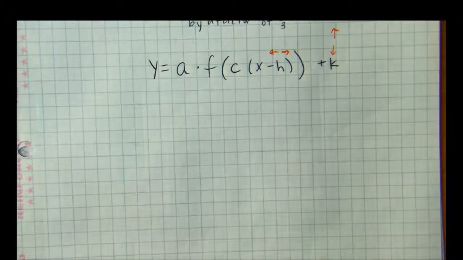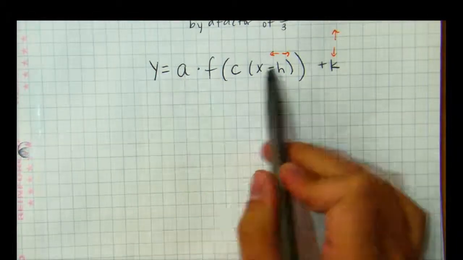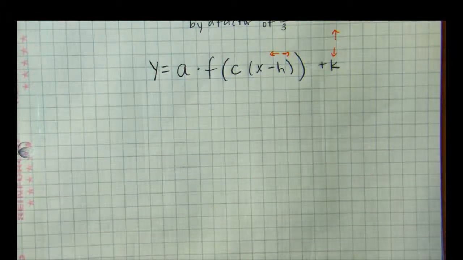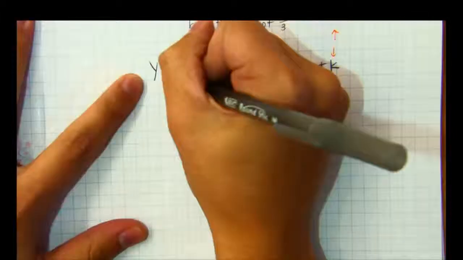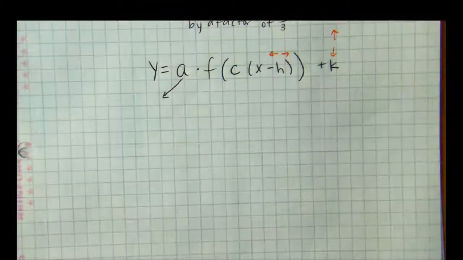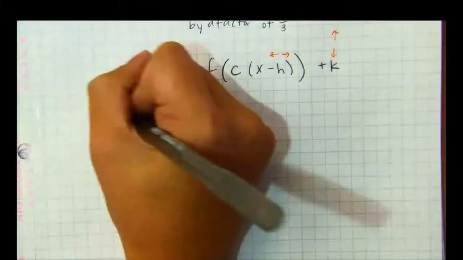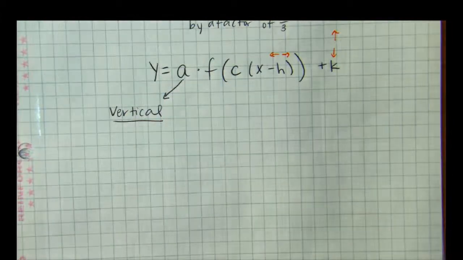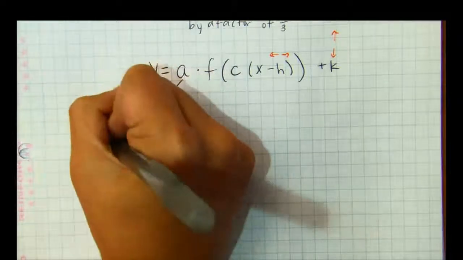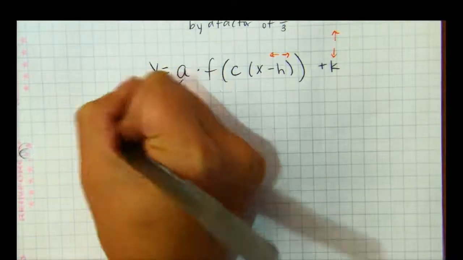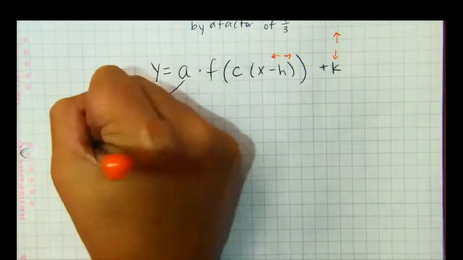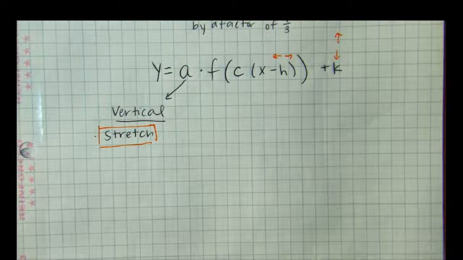We just dealt with a lot of a and c values, which are the other two values that you need to know. Your a value is going to affect your vertical change. So you are going to have a vertical stretch if a is greater than 1.